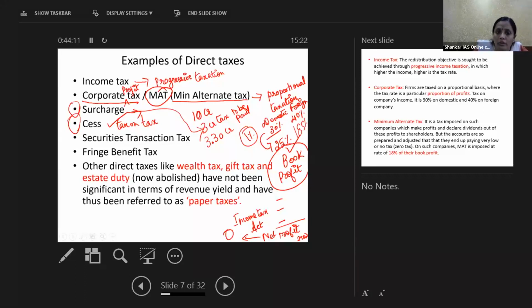Now we are moving on to the other types of taxation, securities transaction tax. What do we mean by securities transaction tax? This is levied upon the share market transactions. We are going to learn as part of our class the share market, the capital market also.